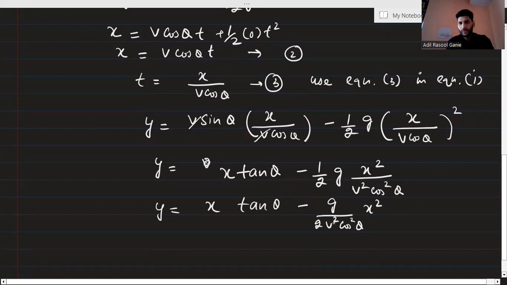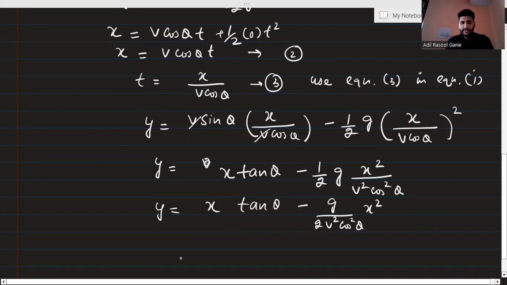We'll get y in the form of x and x square. This will become a quadratic equation. So for a given value of x, we can find out the displacement along the y-axis.